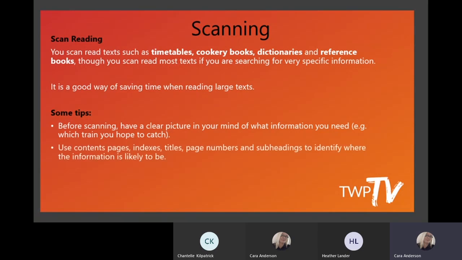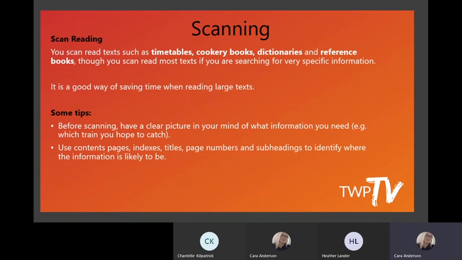They use context pages, indexes, titles, page numbers, and subheadings to identify where the information is likely to be. So if you're looking through, maybe an information booklet, say a cookery booklet, obviously they're going to have indexes.